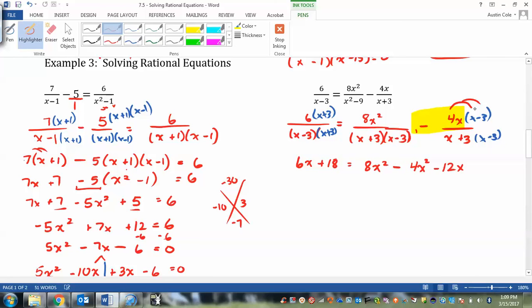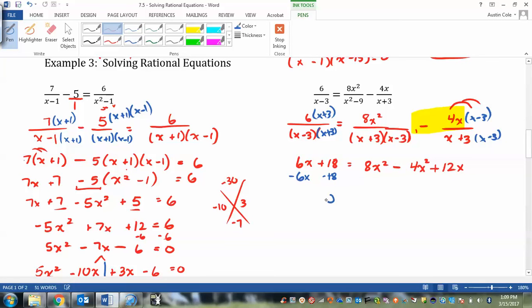Negative 4x times negative 3 is positive 12x. That's kind of where we really start noticing it, that sign there. Tricky, tricky. So if I subtract 6x on both sides, yeah, I guess we could have, couldn't we?